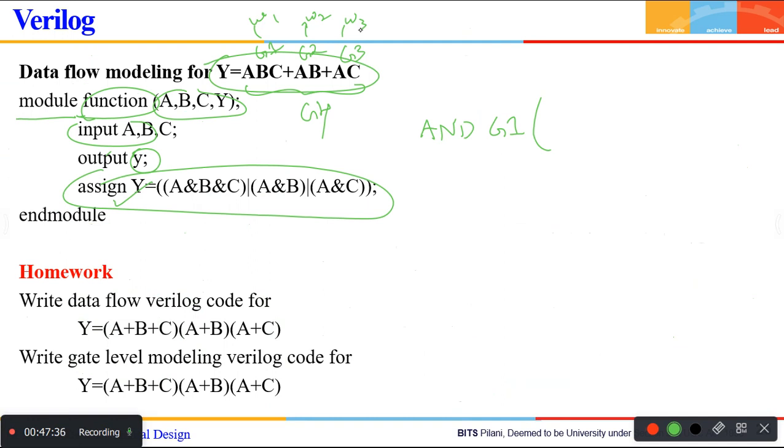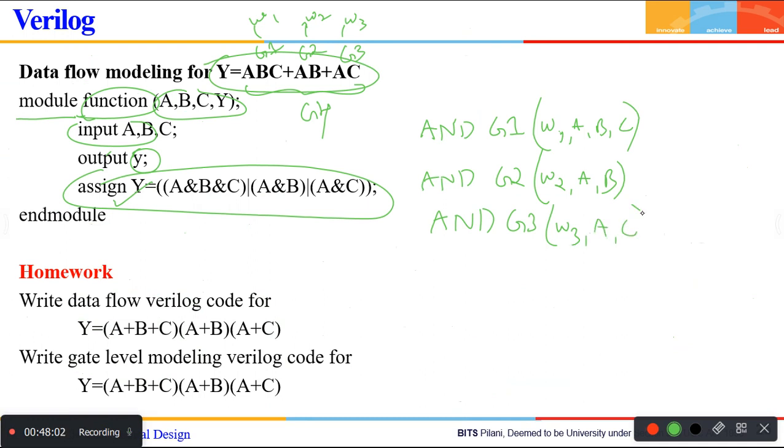So now this will be G1 W1 A comma B comma C. Now you have another AND gate, G2 W2 comma A comma B. Then another AND gate, G3 W3 A comma C. Then you will have the OR gate, which is G4, whose output is Y. In gate level model, first you write the output, then comma W1, comma W2, comma W3.